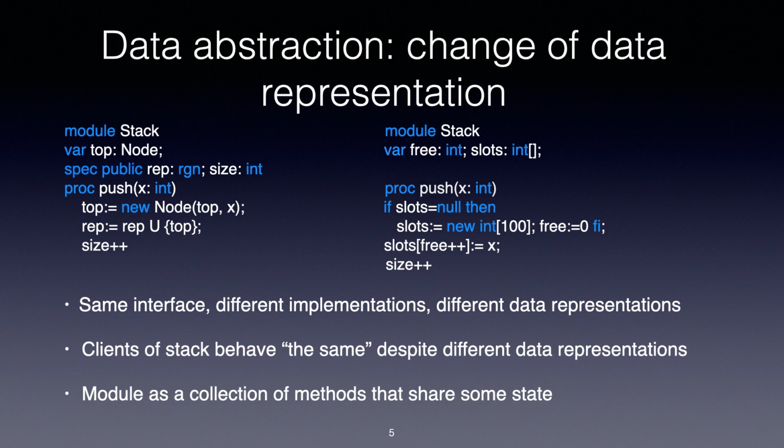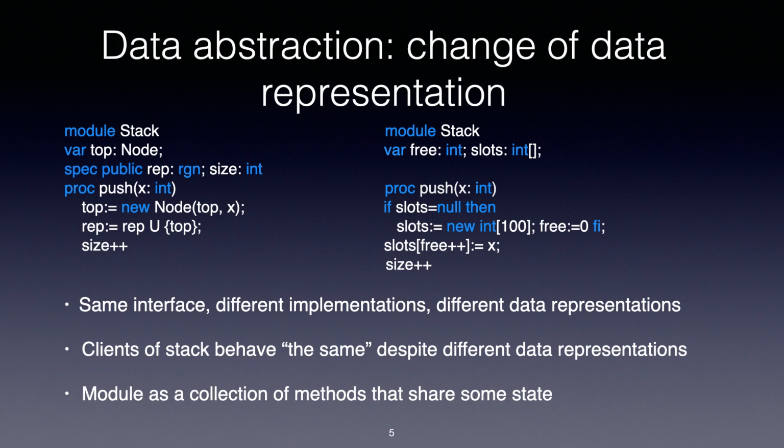So what we have here is the same interface, but different implementations with different data representations, and yet we want to show that the clients of stack behave the same despite different data representations. How can we prove that? Can we reason about that using a program logic?